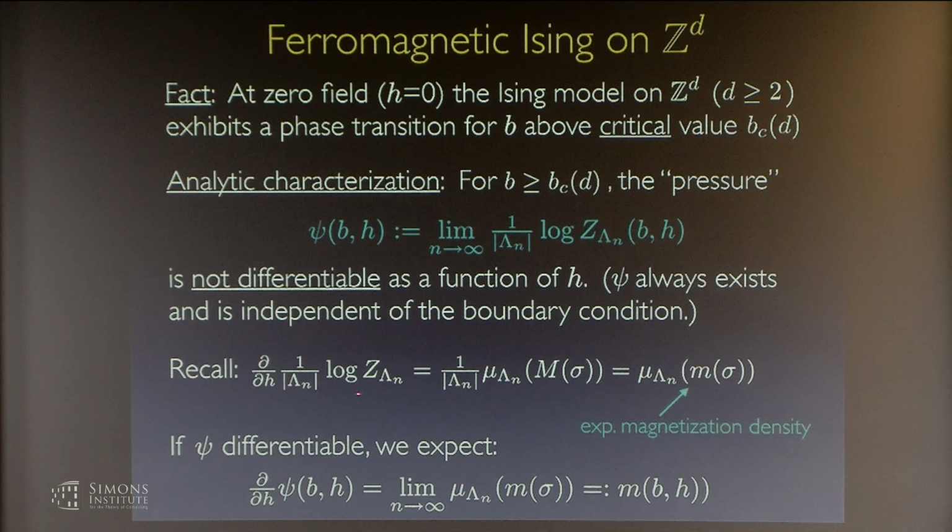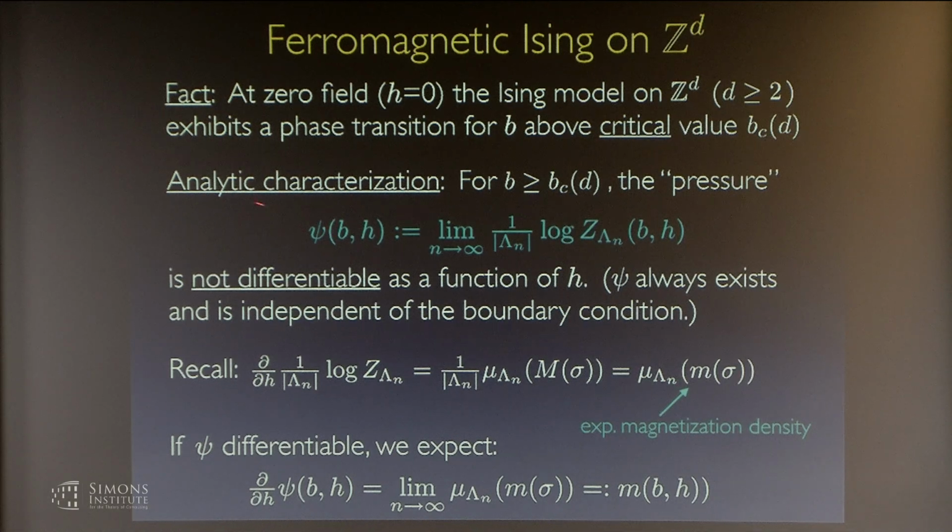And so, remember from a few slides ago that the derivative of log Z is just the magnetization, and we're just normalizing it, so it's the magnetization per site. So for finite volumes, this quantity is just the expected magnetization density, magnetization per site.